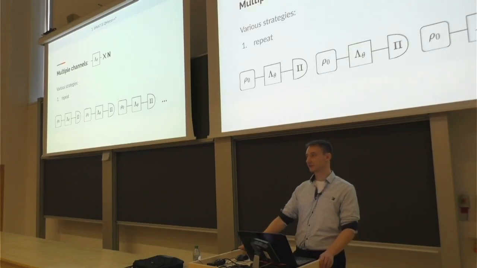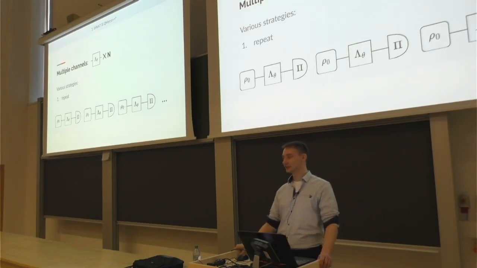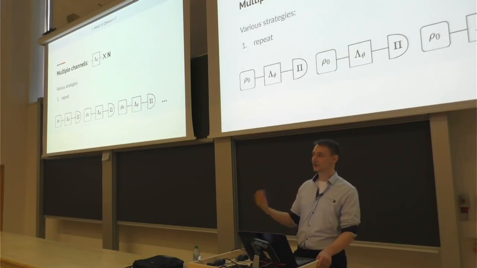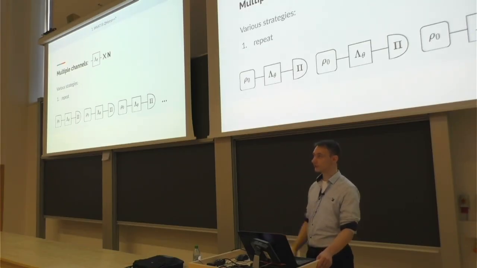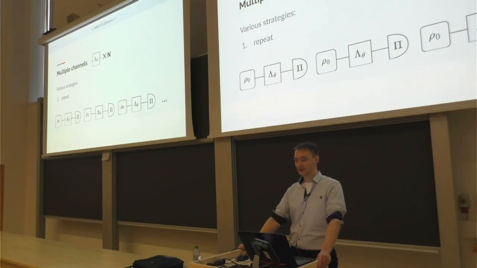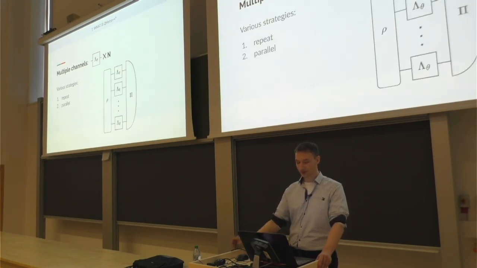And an even more interesting scenario is when we have multiple channel uses, because then we can start to implement various strategies to improve the precision of our measurement. The simple case would be when we just repeat our measurement n times, we gather all the data and estimate the parameter based on our results. But we can do much more than that.